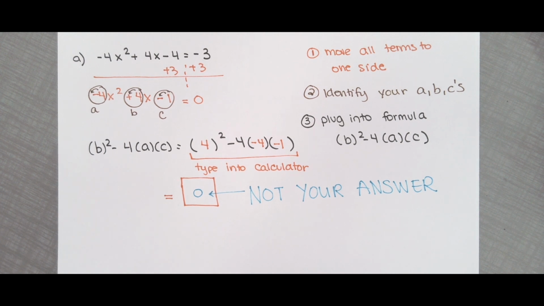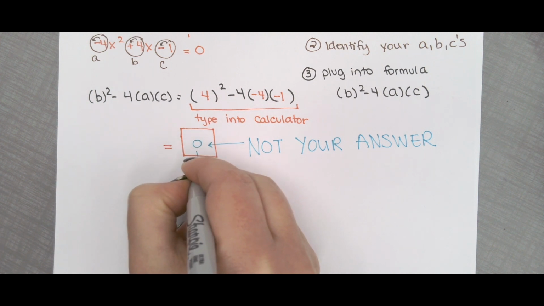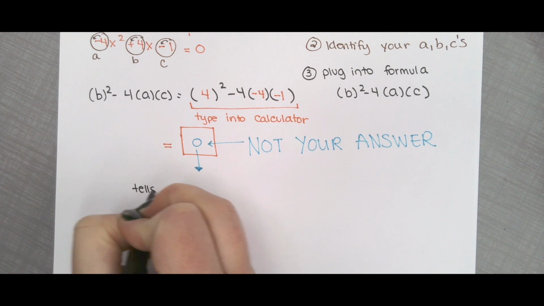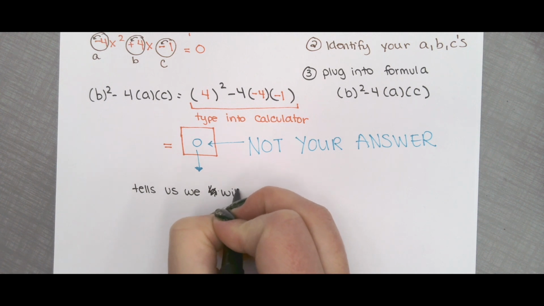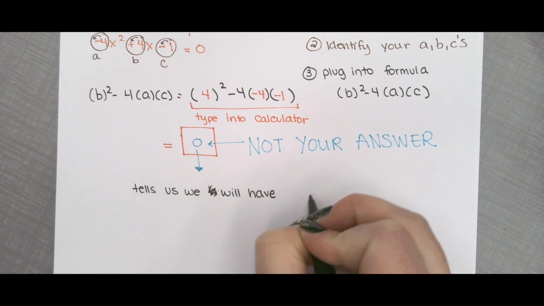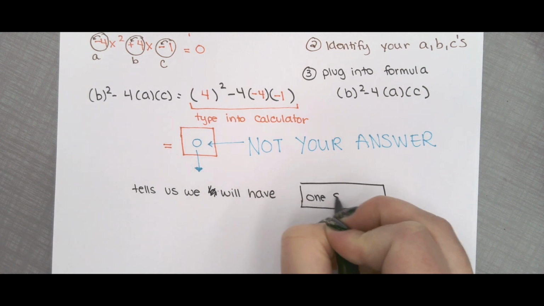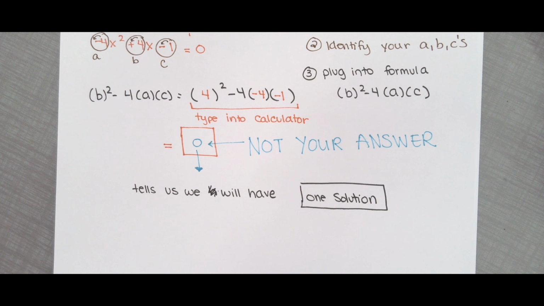That tells us how many answers we're going to get. So then because we have 0, it tells us we will have one solution.